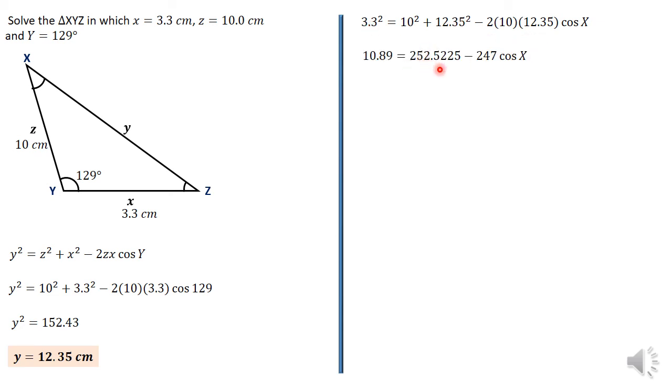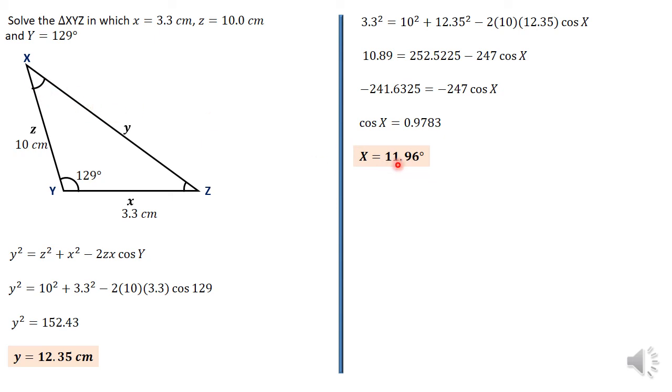Taking 252.5225 to the other side, you're going to get negative 241.6325 is equal to negative 247 cos X. Divide both sides by negative 247, and therefore you get cos X is 0.9783. And so doing the cos inverse of that, you get X, which is an angle. This angle up here will be 11.96.